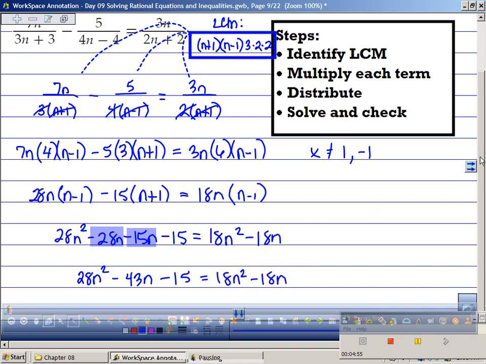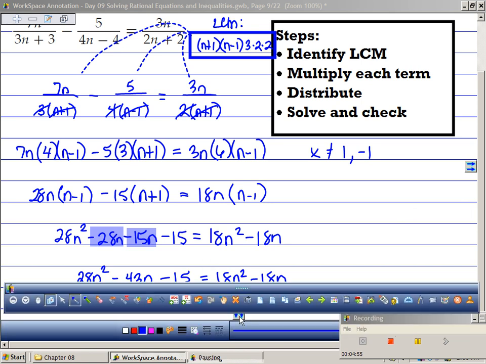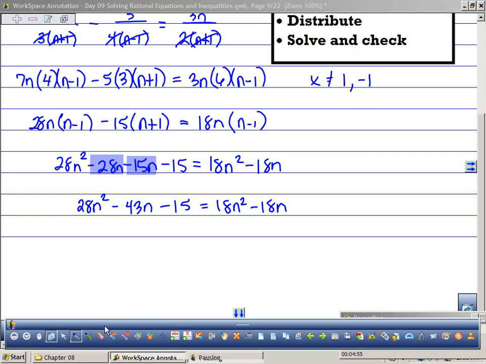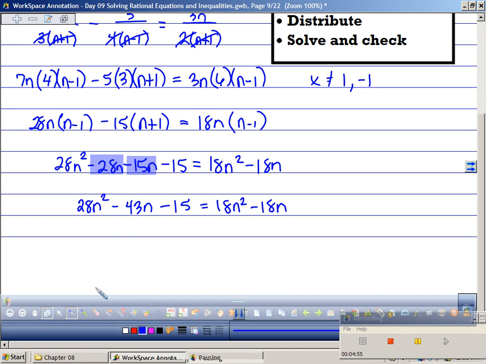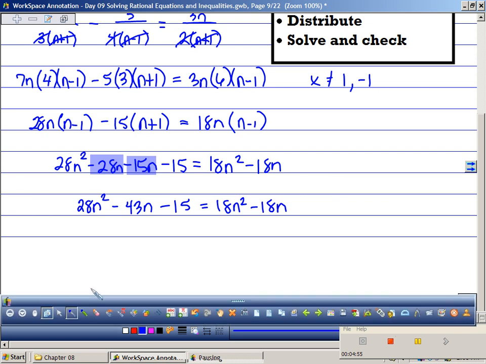What in the world am I going to do with this? No, not put it into a calculator. It's quadratic. Well, we're going to factor it. But in order to factor it, I need everything on one side. So I'm going to change my color first.